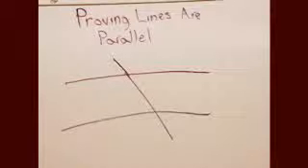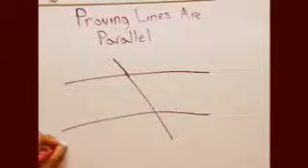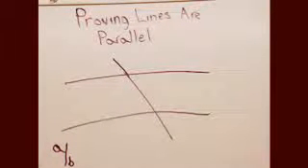Now we're talking about proving lines are parallel. You can do that by seeing if the slopes are the same. But if it's not possible to find the slopes, and they give you the measures of certain angles, it's possible as well.